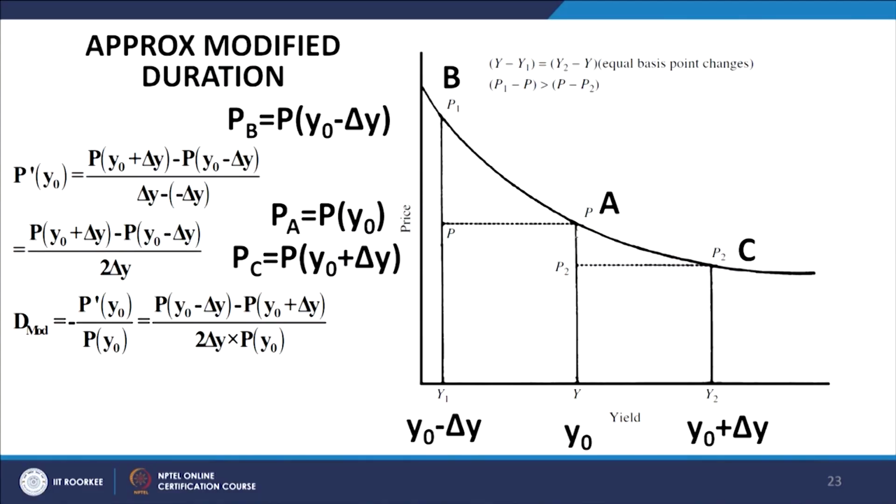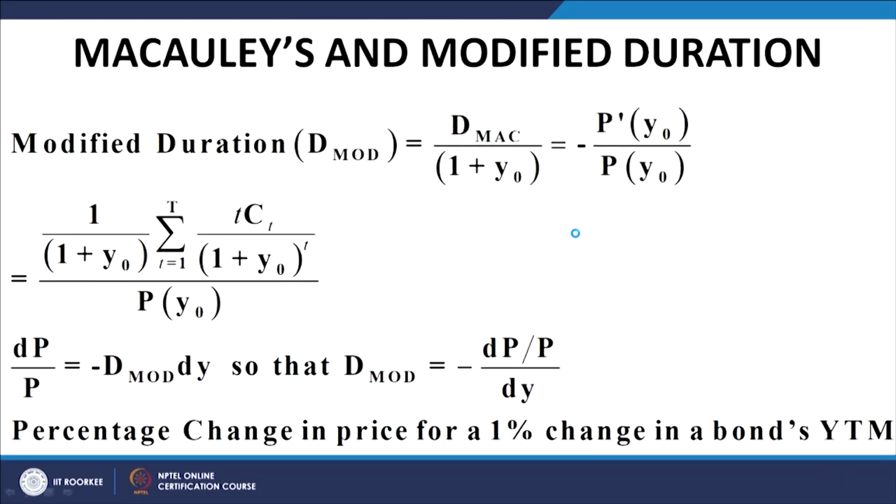Now, the modified duration as per the formula that we saw a few minutes back is given by P dash y 0 upon P y 0, with a negative sign, of course. So, it is equal to P B minus P C divided by 2 delta y into P of y 0 or P A. So, this is the approximate formula for working out the duration.